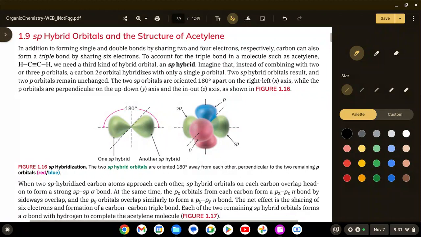Imagine that instead of combining with 2 or 3 p orbitals, a carbon 2s orbital hybridizes with only one single p orbital. 2 sp hybrid orbitals result, and 2 p orbitals remain unchanged. The 2 sp orbitals are oriented 180 degrees apart on the right-left axis, while the p orbitals are perpendicular on the up-down axis and the in-out axis, as shown in Figure 1.16.